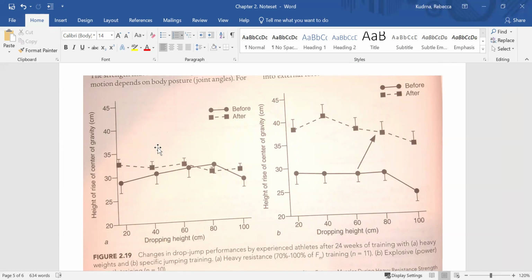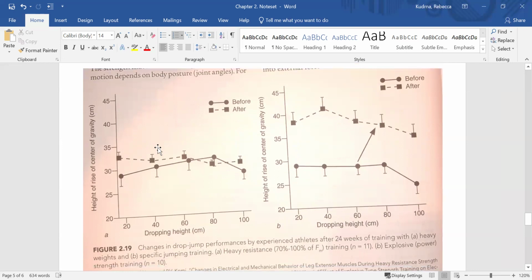And the two authors, Hakkinen and Komi, who are quite famous muscle and sports performance researchers, took two groups of people, and in both cases, before, which is the circles, you can see before circles, they had the athletes do drop jumps. This is where you stand on a platform. The platform heights are on the x-axis.